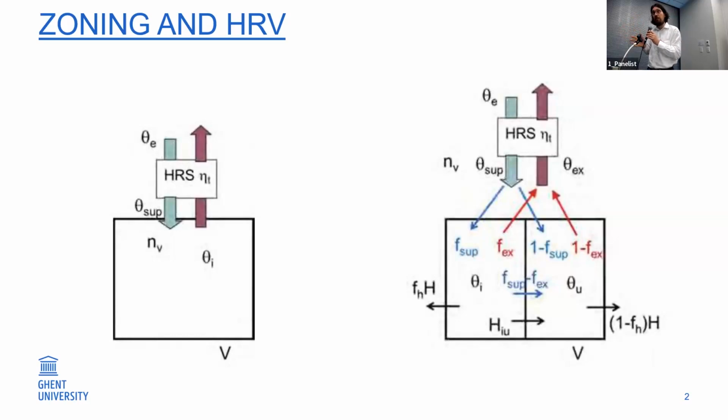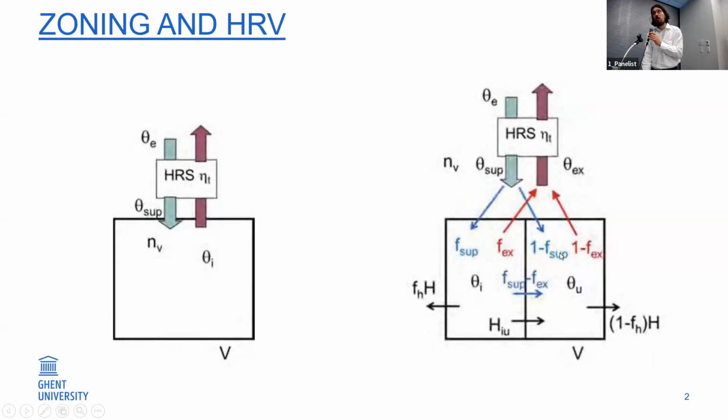If, however, we have a zoned building, like here, a simplified two-zone approach, the heated air will be supplied to a heated space, but also to an unheated space.